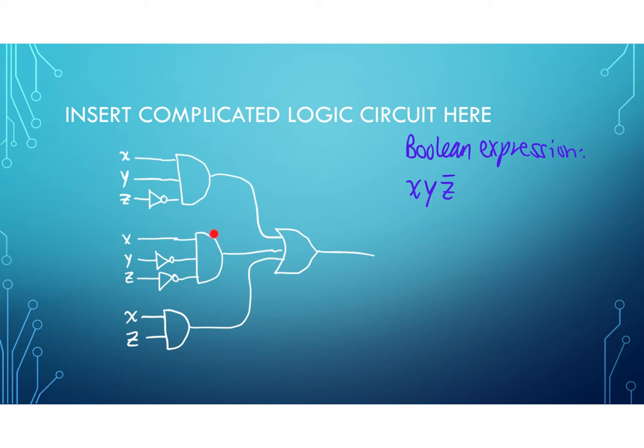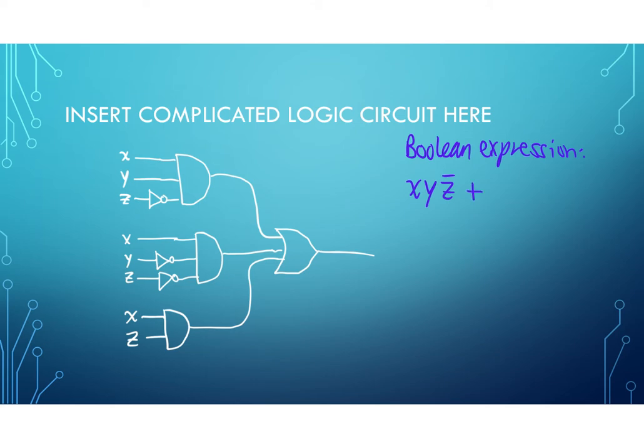Then we're going to take a look at this next AND gate. We're going to have x, y, and z again, but this time both the y and the z are negated. Since this AND gate cluster is connected with this AND gate cluster at this OR gate, we're going to connect these with a plus sign.